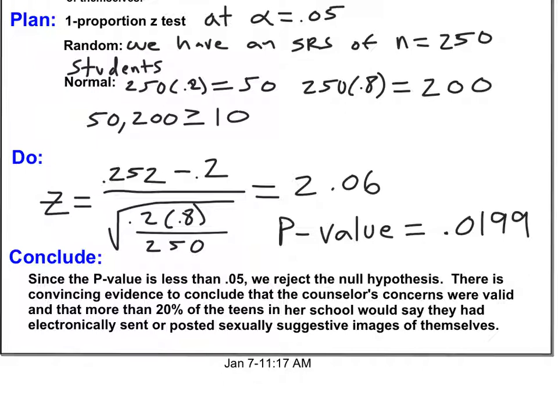Okay, so as far as this rate, in terms of the counselor's concerns about, again, the parameter is there, electronically sending or posting suggestive images, we're convinced that it's higher. Okay, so we'll say that we have convincing evidence that p is actually greater than 0.2, in context as it says.